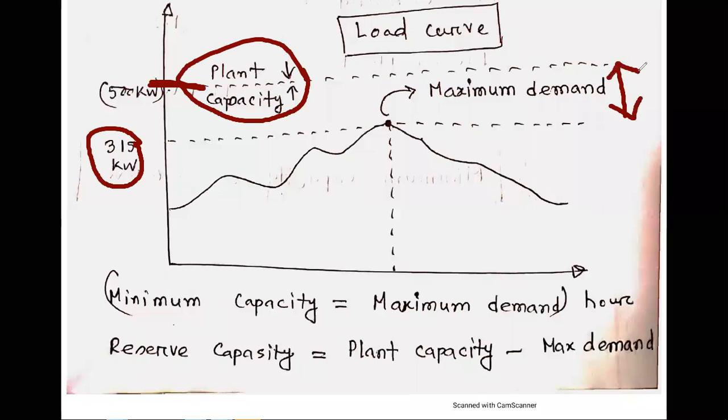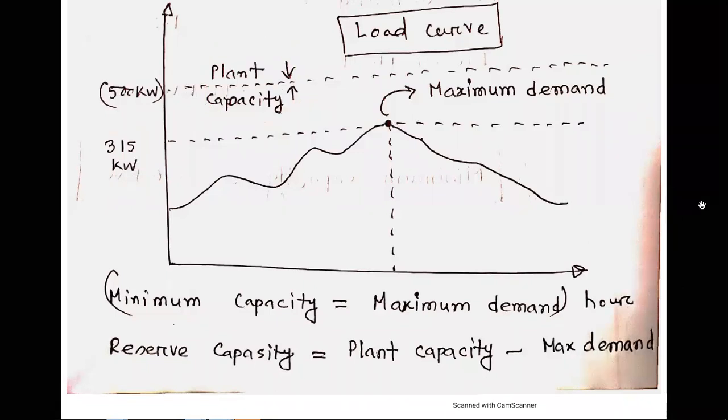This is not required for this example, but it is good practice for the plant capacity to be greater than the maximum demand, because there should be some reserve for future expansion when other loads are included. So you already understood that we need to find the maximum demand of that zone. If we get the maximum demand of that zone, that will be the minimum capacity of that power station. Hope you understand.